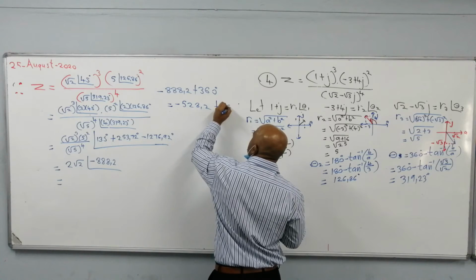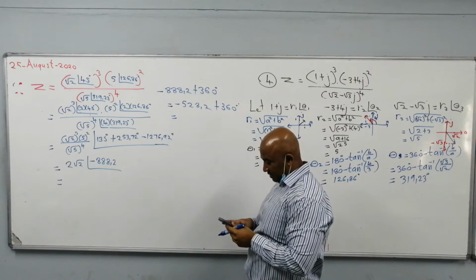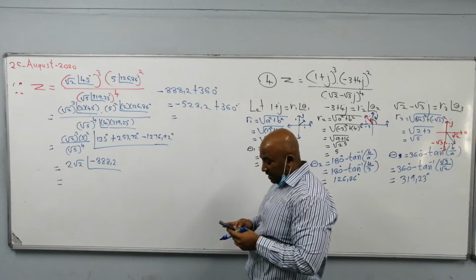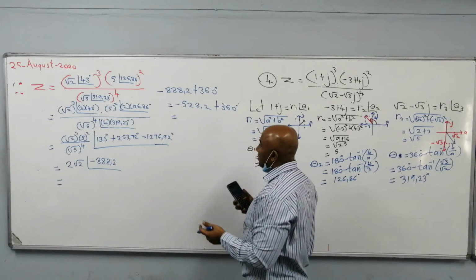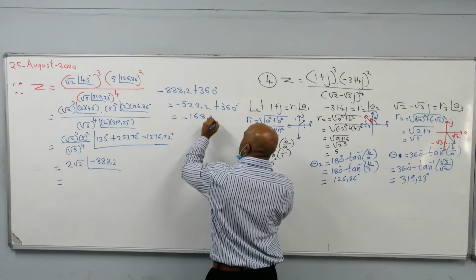If I add 360 degrees again, I keep on adding 360 degrees until I get a positive answer. So that's going to be minus 168.2.